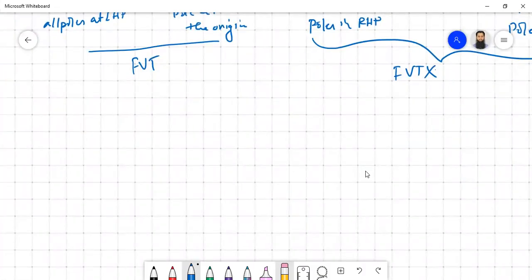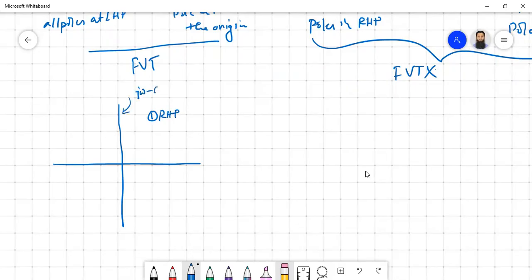Now let us elaborate the thing more specifically. So we have four regions. These are the four regions. One is the right half plane. Then we have the j omega axis without the origin.